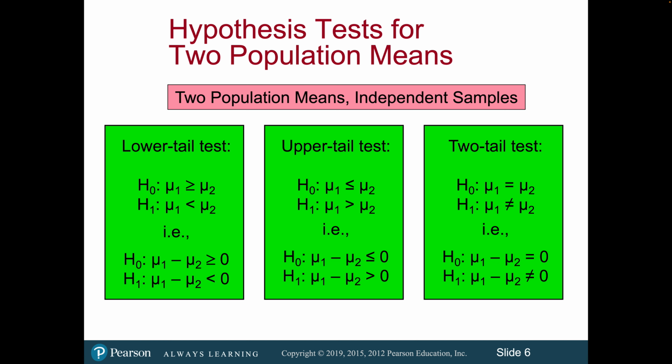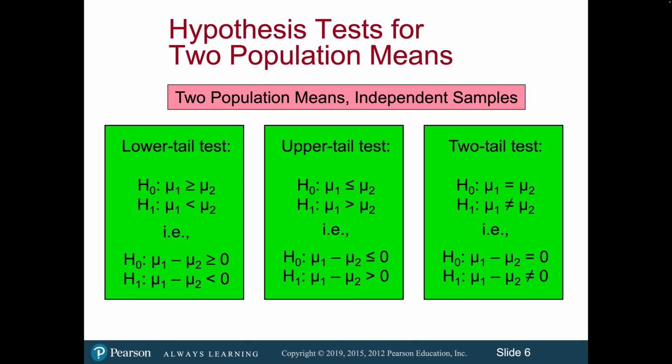Our alternative hypothesis, H1, is less than, lower tail, but our null hypothesis is not equal to as we're used to. It's greater than or equal to. For the upper tail test, our alternative hypothesis is greater than, shooting toward the upper tail, but our null hypothesis is mu1 less than or equal to mu2.